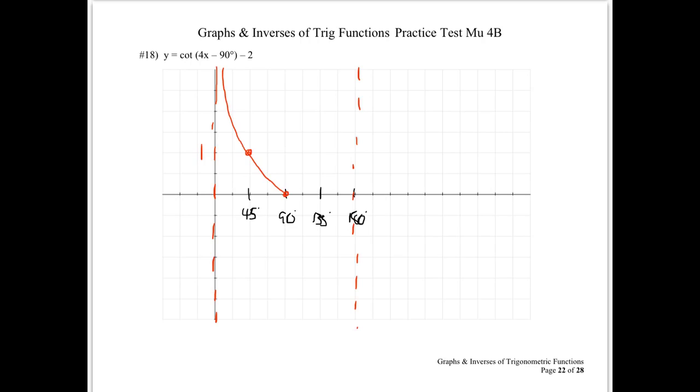Let's say this is 1. And at 135 was negative 1, so something like this. So that is my parent. Now this new graph that I'm graphing has a vertical asymptote at 22.5, that would be here.